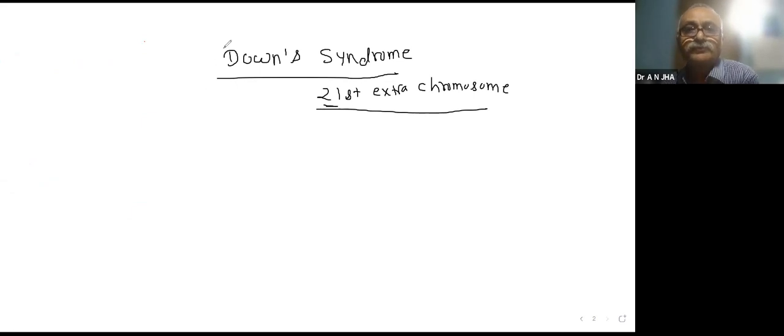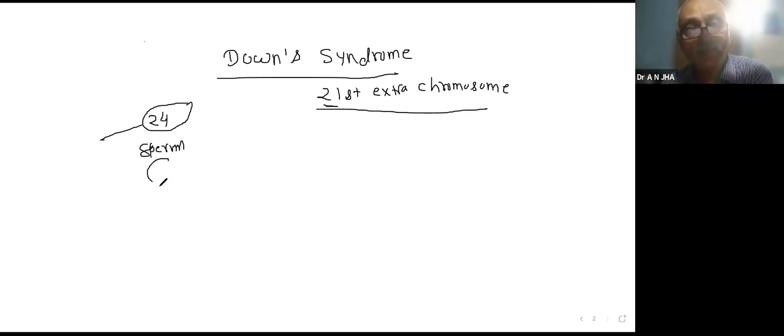Now what happens? It could happen that the chromosome gets broken and one extra chromosome may come in the sperm. That is what I am discussing. It has 2 copies of the 21st chromosome, that is, in place of 23, it has 24. If it meets a normal egg, and this extra is only the 21st because only the spindle gets broken, it will become 47 in the zygote.